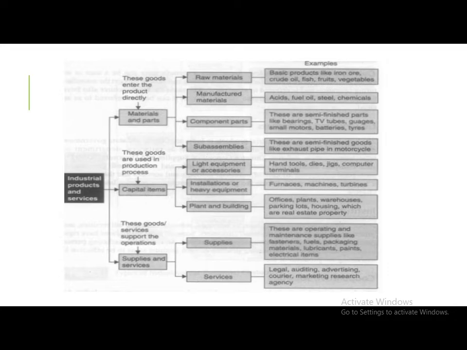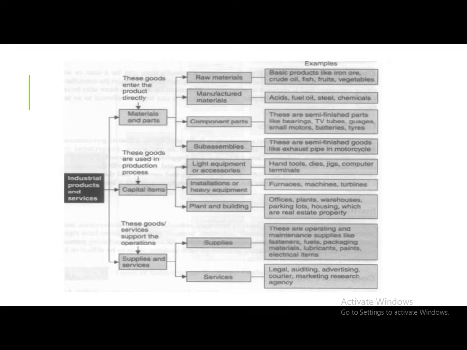Materials and parts can be further divided into raw materials, basic products like iron ore, crude oil, fish, fruits, vegetables and so on. Then manufacturing materials like acids, fuel oils, steel, chemicals and so on. Component parts are semi-finished parts like bearings, TV tubes, gauges, then batteries, tires, small motors and so on.